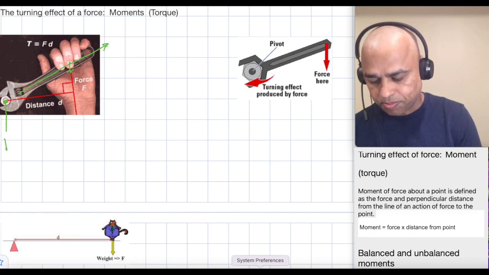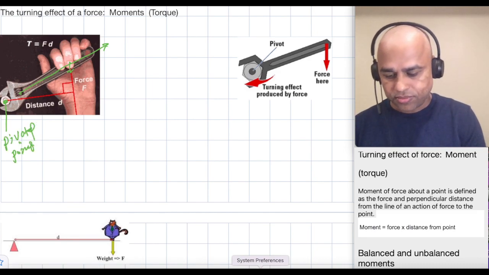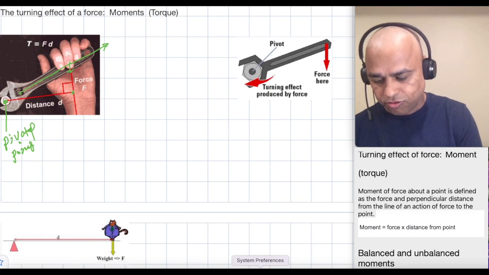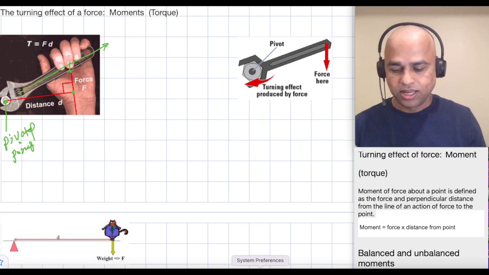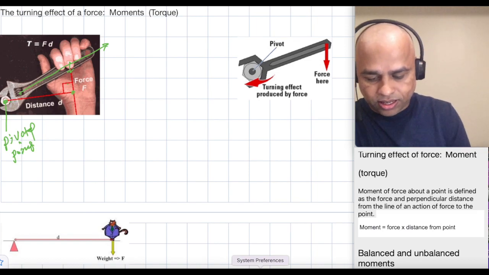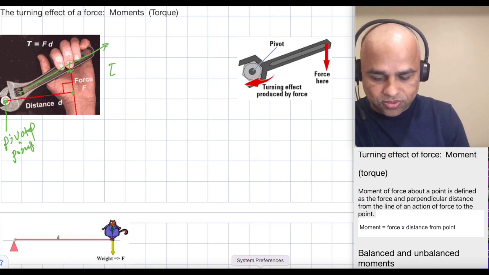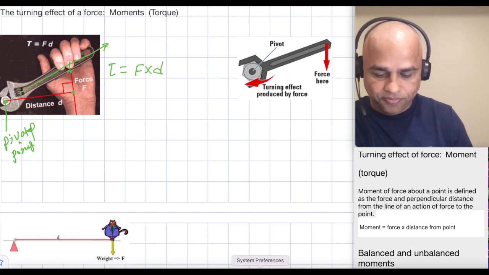This is also called the pivot, and this is the distance from the pivot point to the force. This is the direction of the force, and this is the perpendicular distance. And torque is equal to force times D.